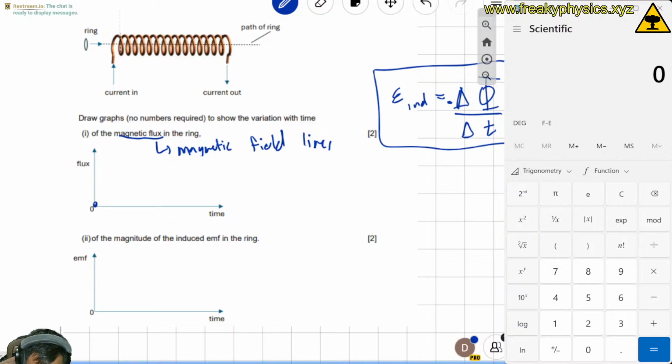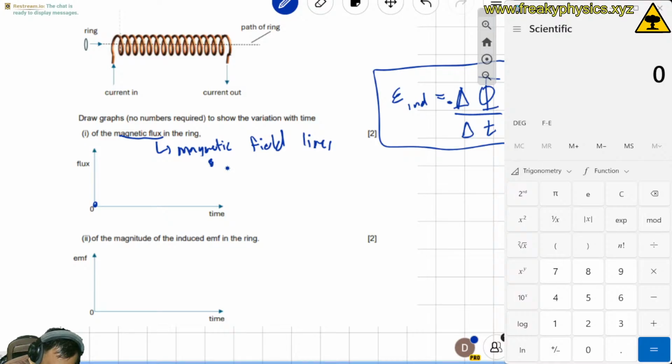And as you get closer and closer to the solenoid, the magnetic flux becomes stronger and stronger. Is it gonna be exponential? It's not gonna be exponential. It's gonna get to a certain limit here.